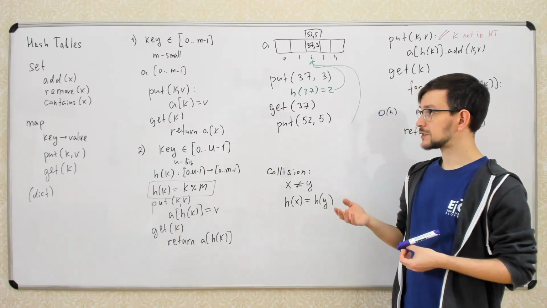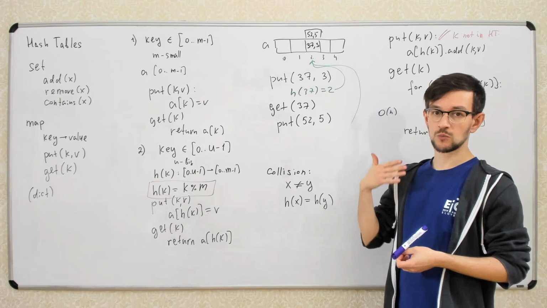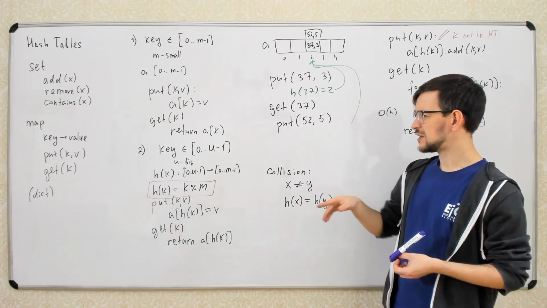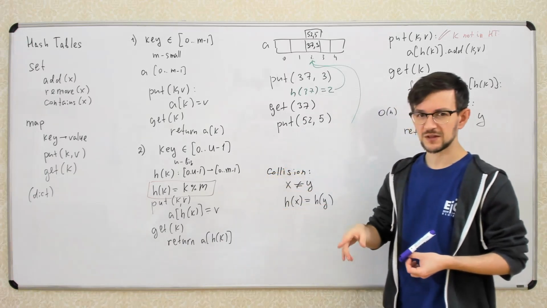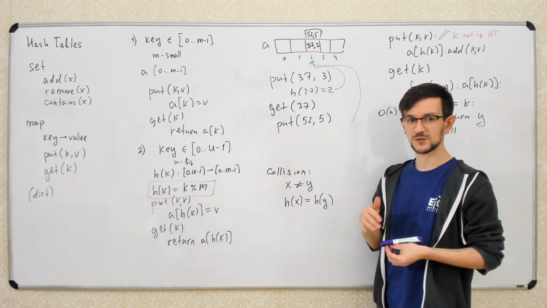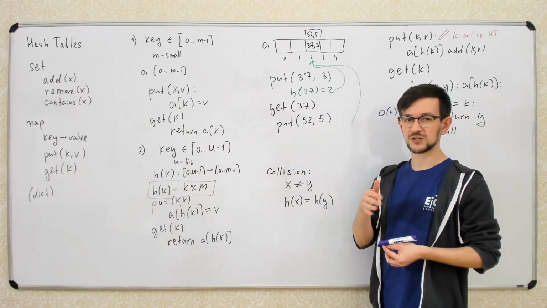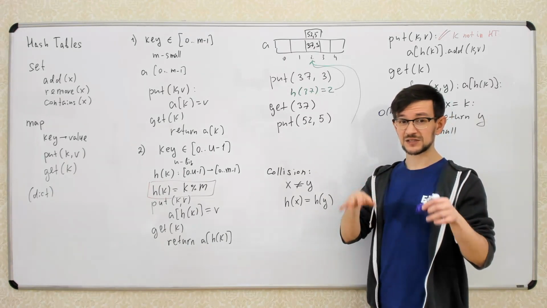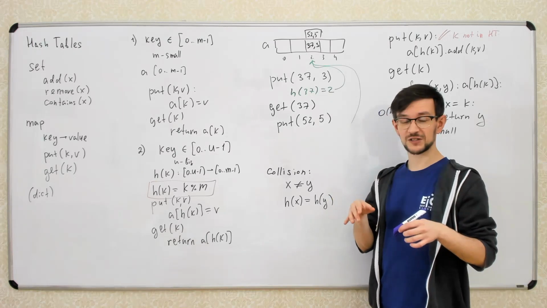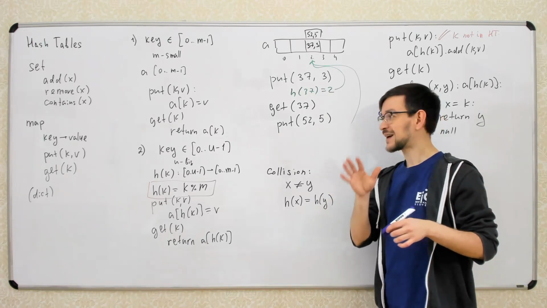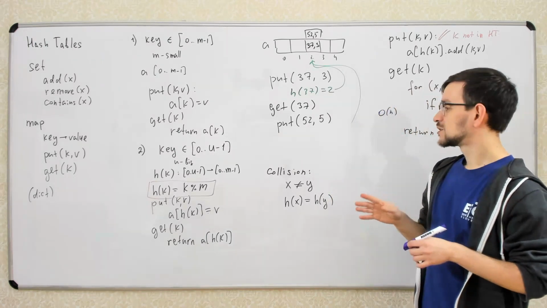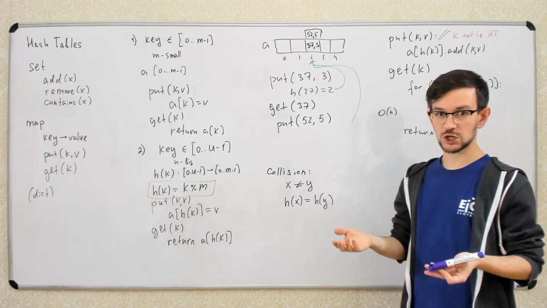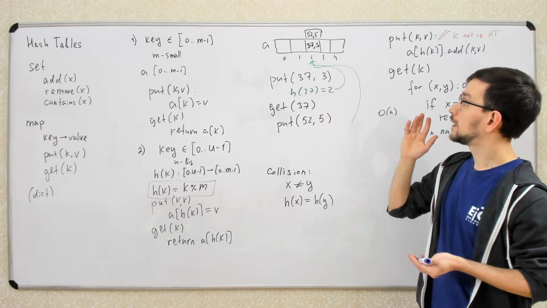But in practice, if someone tries to break your program, and even if the function is simple like this, it may happen just randomly, just because some data is not very random. So your data may be somewhat structurized. Sometimes it happens. You may have a lot of keys which have the same hash value.